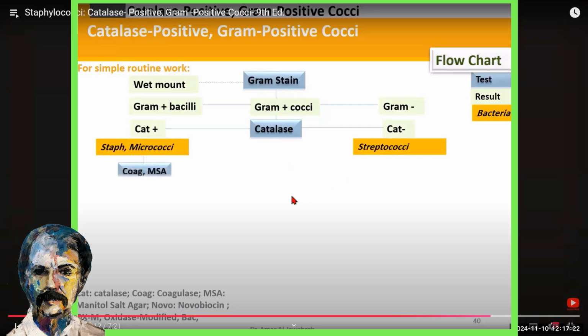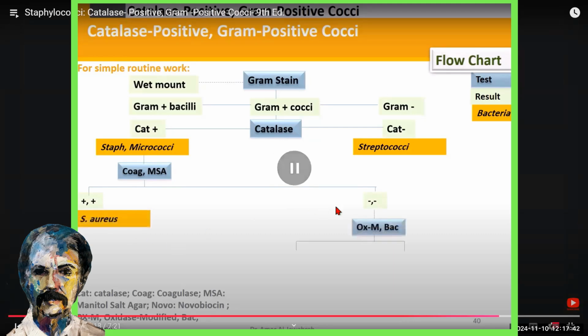Staph and micrococci. What do we do? Coagulase or MSA. Coagulase is more readily available to the labs. See, if it's coagulase positive and MSA positive, then Staph aureus and finished. I don't want to give you the others. Here, if it's coagulase negative, oxidase, modified oxidase, which is microdase, and bacitracin.